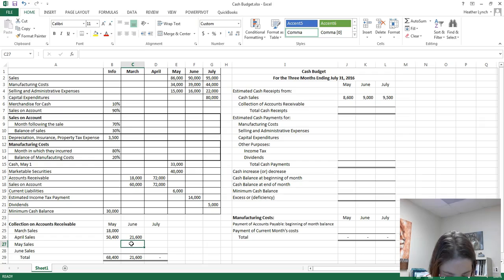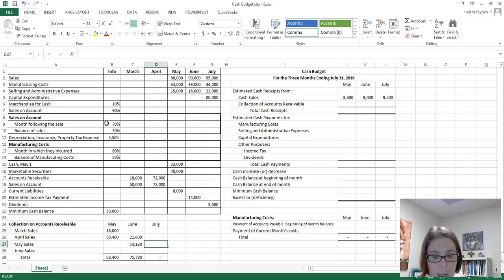We're not going to collect any May sales. But in June, for the May sales, the 86,000, 90% of that is on account, and we're going to collect 70% the month following the sale. So we're going to collect $54,180.